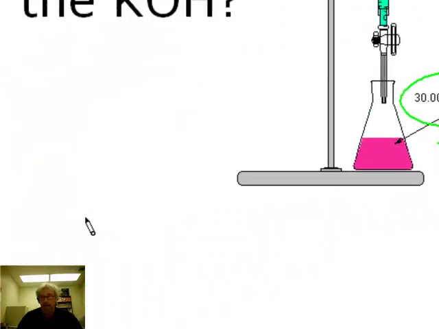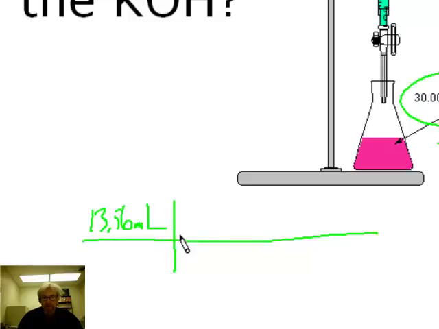Starting with the volume added from the burette, 13.56 milliliters were added, but the concentration was 0.10 moles of H2SO4 per liter. Just like in the last example problem, I'm canceling out the liters but leaving the milli.